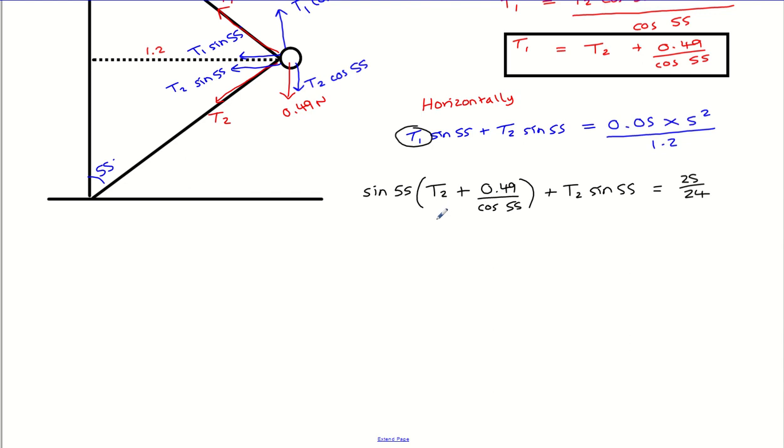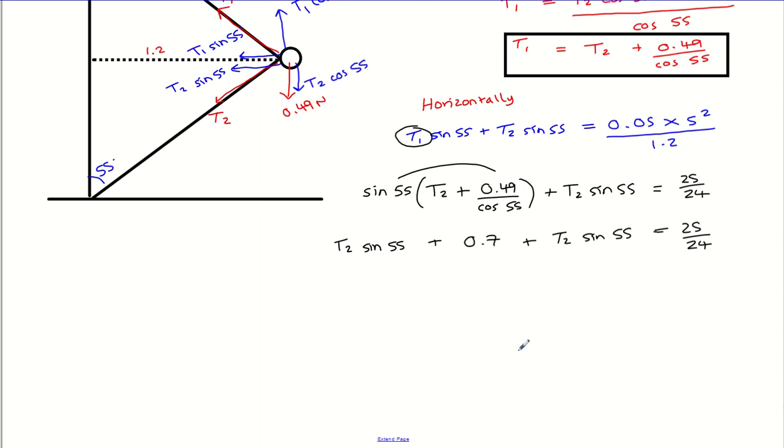Okay, expanding all of this, you get T2 sine 55 plus sine 55 times all of this. So I'm multiplying them together, which actually just comes out as 0.7. And then we've got plus T2 sine 55 equals 25 over 24.